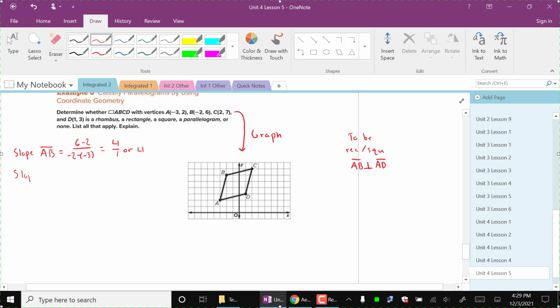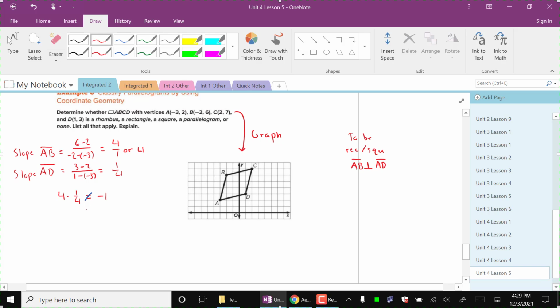Let's check the next one. Slope of AD is 3 minus 2 over 1 minus negative 3, which gives me 1 over 4. Well, by definition of perpendicular, when I multiply 4 times 1 over 4, I need to get negative 1. But in this case, I don't get that. I get 1.